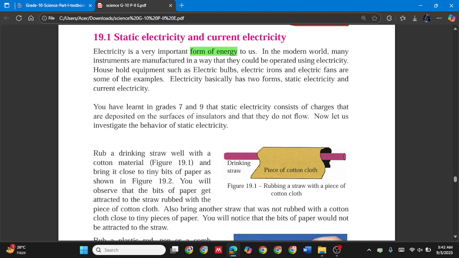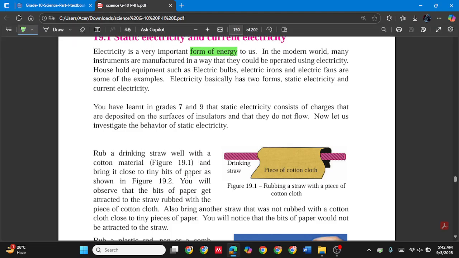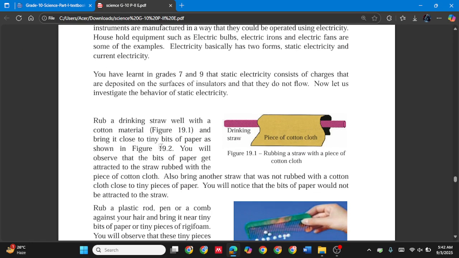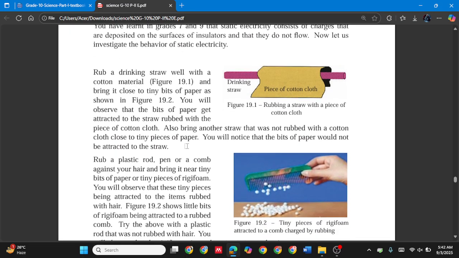Rub a drinking straw well with the cotton material and bring it close to tiny bits of paper as shown in figure 19.2. In the figure they have taken a comb, but instead of the comb, we are going to take this drinking straw near to these bits of paper.